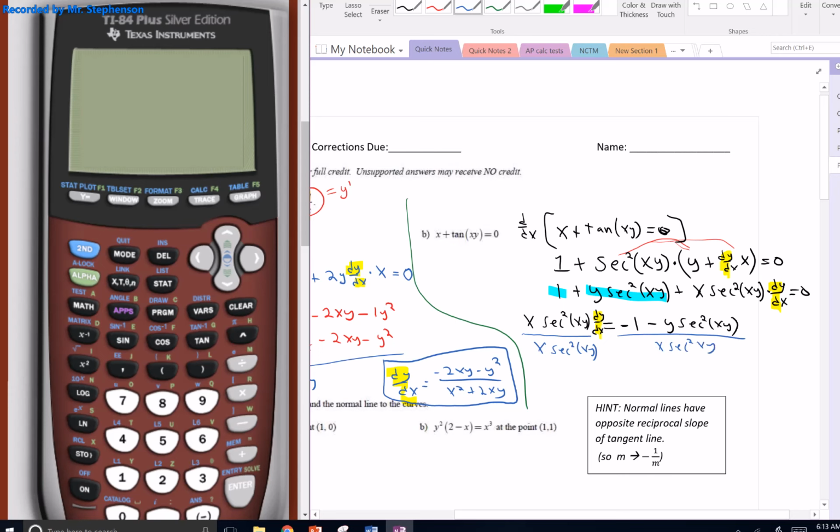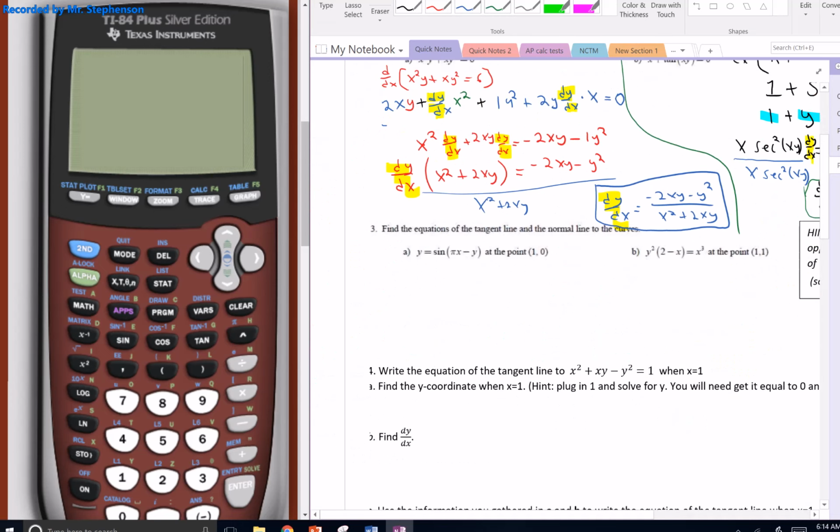And what that will give us is dy/dx equals negative 1 minus y secant squared xy over x secant squared xy. If there was some simplification to do, we would do it, but there's nothing to do in this case, so we're just going to leave it just like that. There's our answer. We found dy/dx. Okay, moving forward.